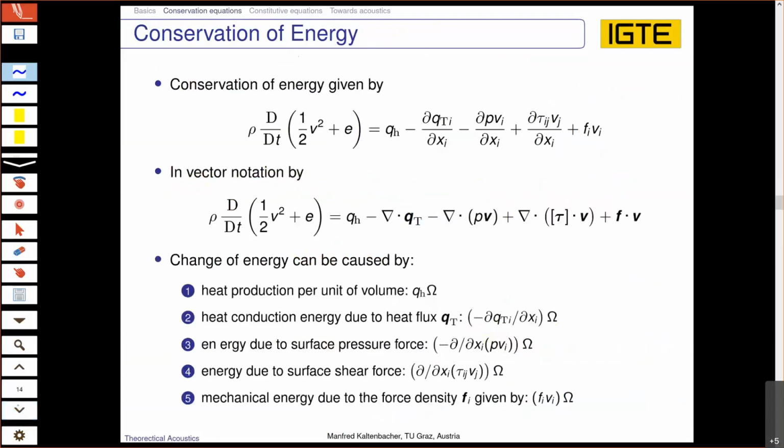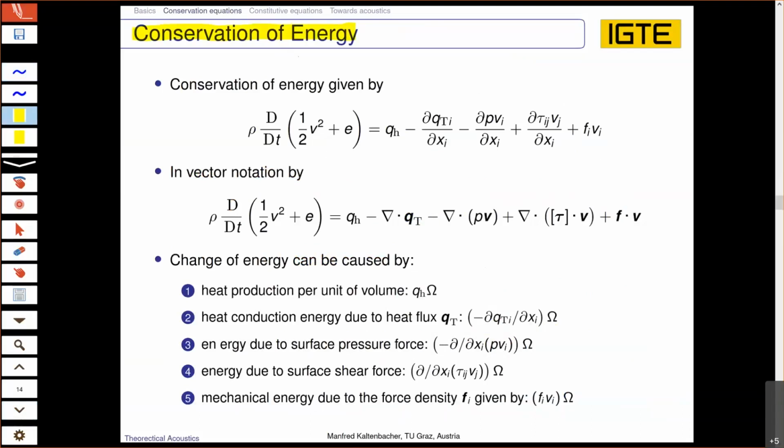Okay, the third equation, which is very involved, and it's nice that for most cases we can reduce it very simply. But especially if you are interested also in chemical processes, the energy equation is quite complicated.